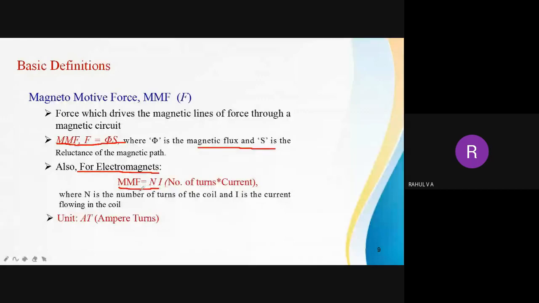The unit for mmf is ampere turn. So if someone asks you the definition of mmf, you have to write the definition, then which letter is used to represent mmf, then the equations of mmf, and then the unit of mmf. All these things you have to write. It is not just the derivation.